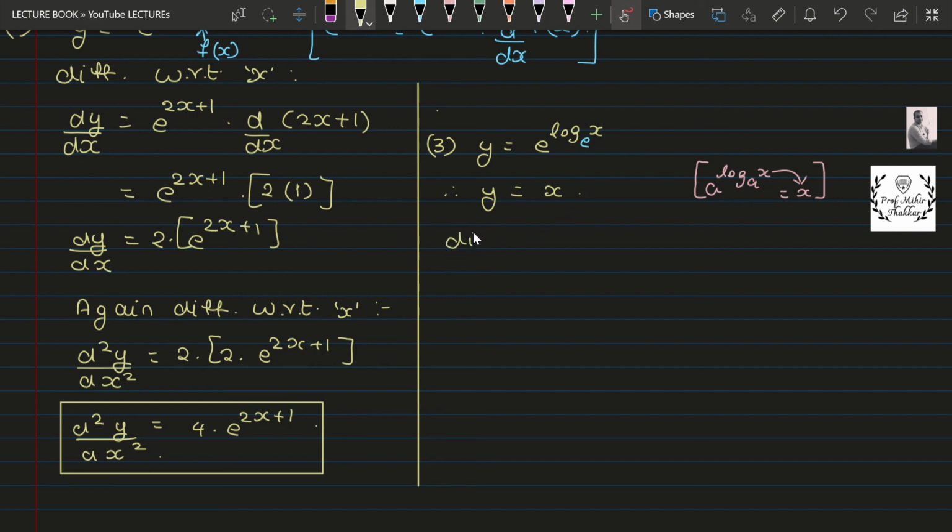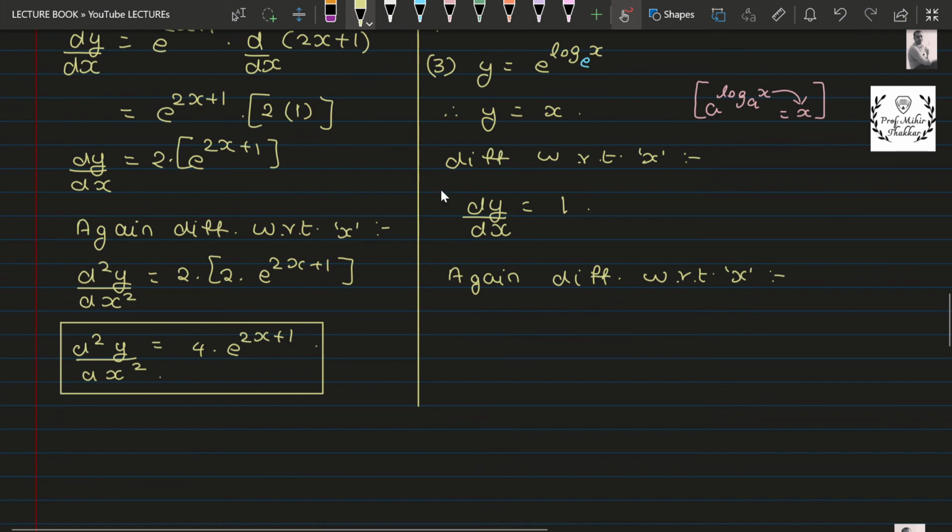Now when I differentiate this with respect to x, you get the derivative of y, dy by dx, and the derivative of x is equal to 1. Because I want to find the second order derivative, I have to again differentiate with respect to x.